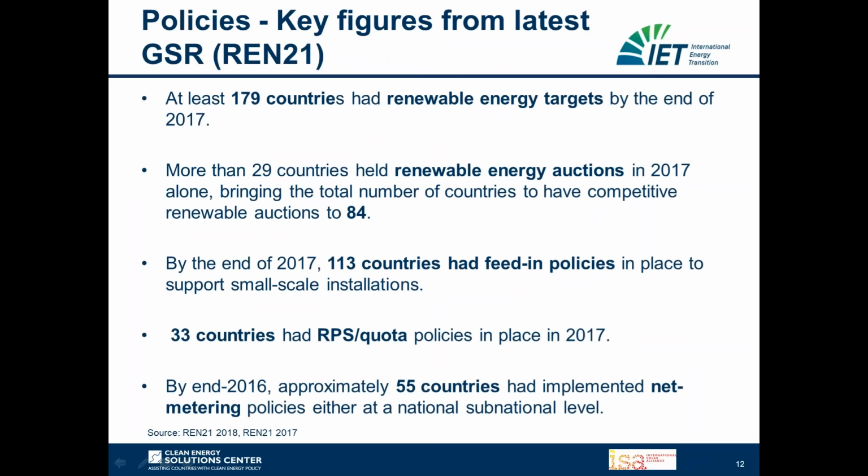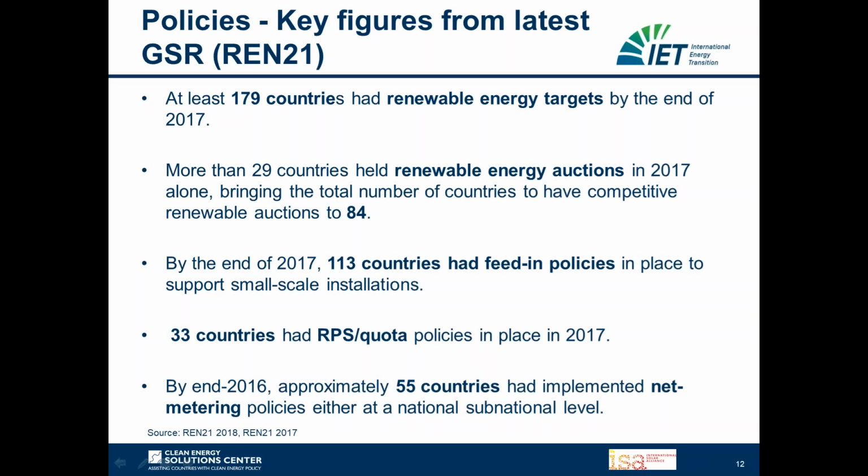Here is an overview, again from the latest 2021 report, of how many countries are actually using which support mechanism. Interestingly, we now have almost all of the countries around the globe with renewable energy targets. We're going to take a more in-depth look at this later on.